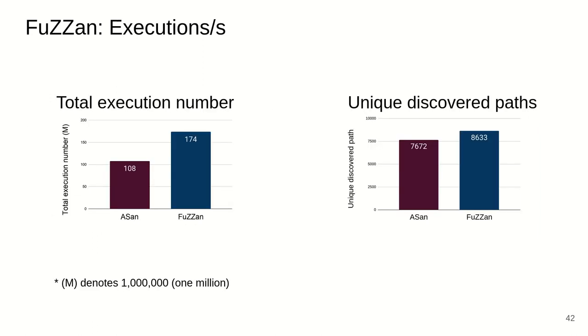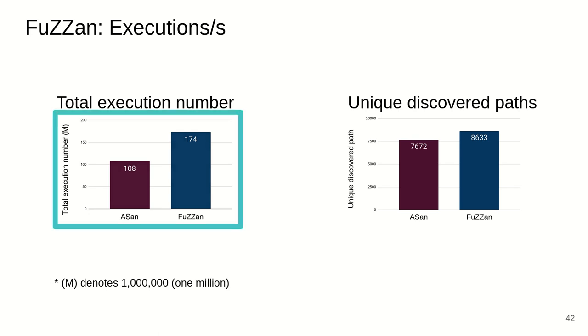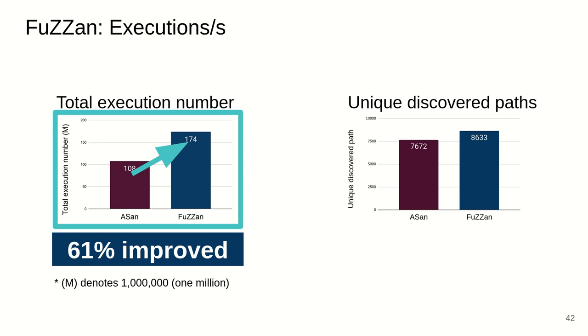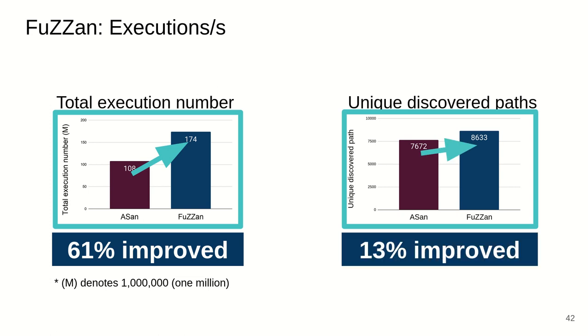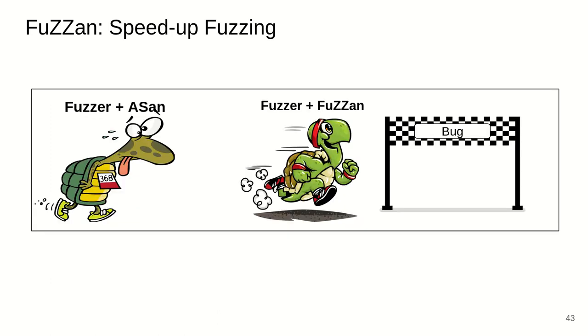Similarly, if you look at executions per second, on ASan we only have 108 executions per second on average, and we are able to increase this by 61% to 174 executions per second. If you look at unique discovered paths, our optimization to ASan was able to improve by 13%. So overall, this allows us to speed up ASan quite a bit.